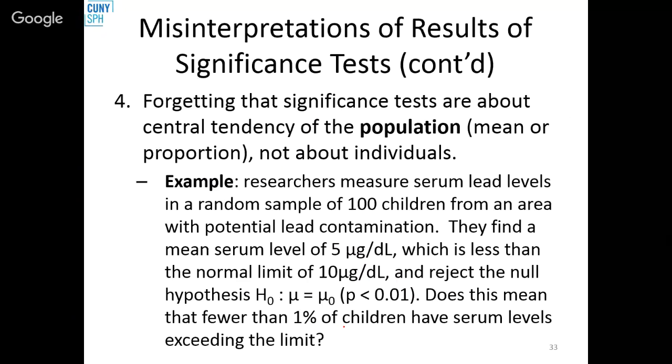So one is referring to children in general versus children of that sample size, 100 children. Yeah, well, in terms of the discussion of null hypotheses that we were doing a couple slides ago, how would you interpret this p-value?